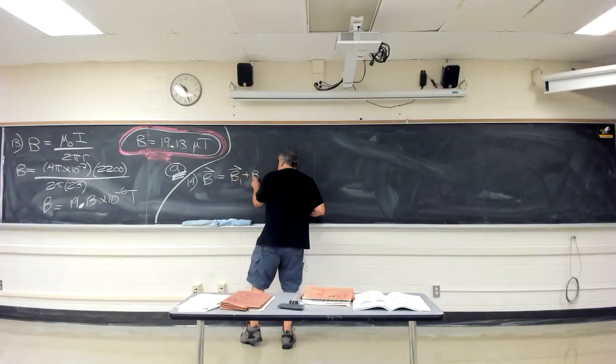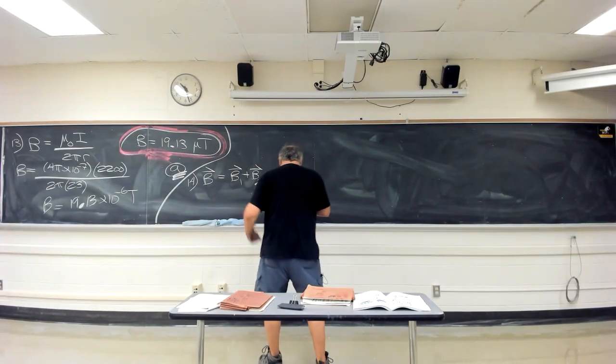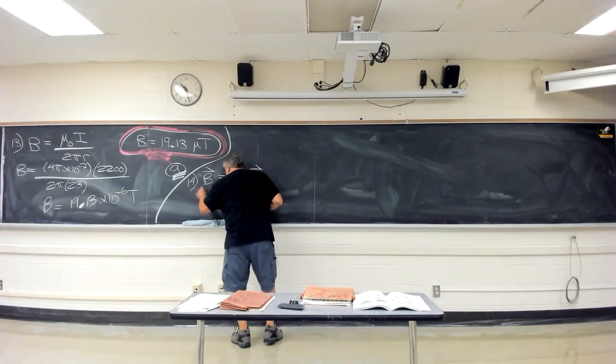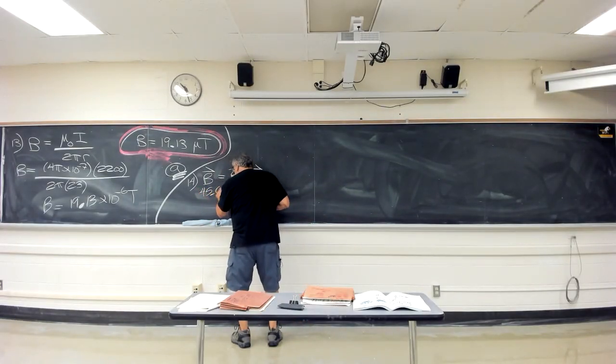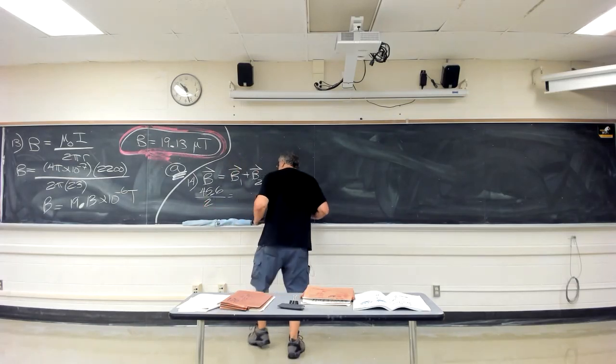But I'm going to do a vector sum between the two B fields and get a resultant vector associated with that. What is the distance between them? Well, we got 45.6 between them. Halfway between them is this.